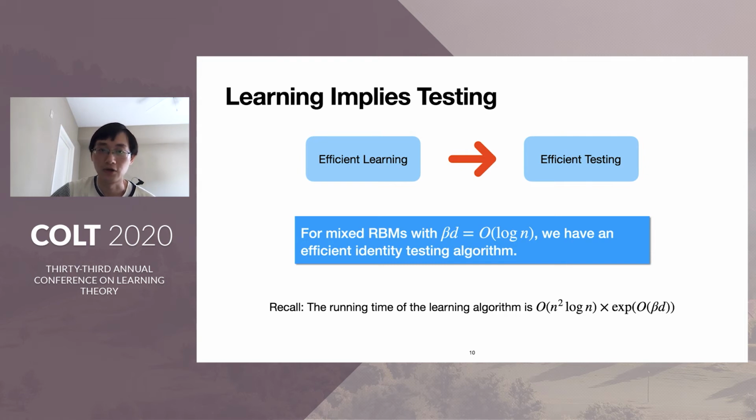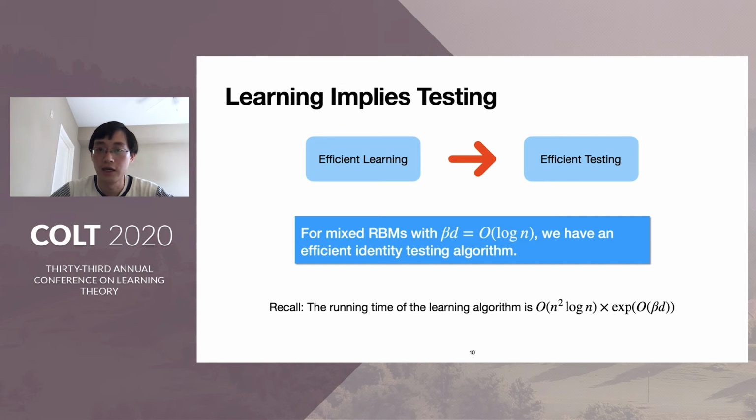So that means if you have efficient learning, then you also have efficient testing. And recall that the running time of the learning algorithm is exponential in beta d. So that means that for mixed RBM, if beta d is order of log n, you have an efficient testing algorithm.